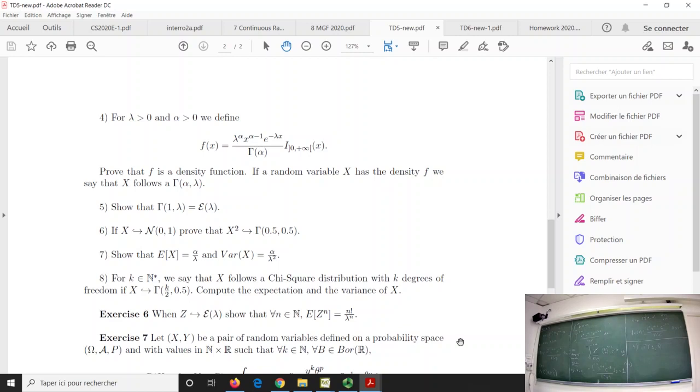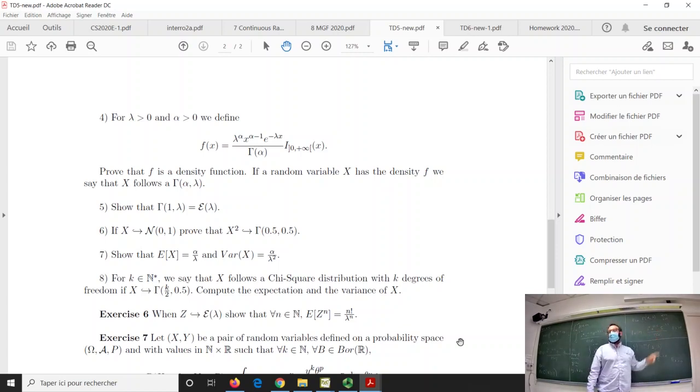I want to see what happens for a gamma(1, lambda). So in this case, what is the density of x if alpha is equal to 1? If alpha is equal to 1, I have lambda to the power alpha, that becomes lambda. I have x to the power 1 minus 1 that disappears. I have exponential of minus lambda x, indicator function of x strictly positive.